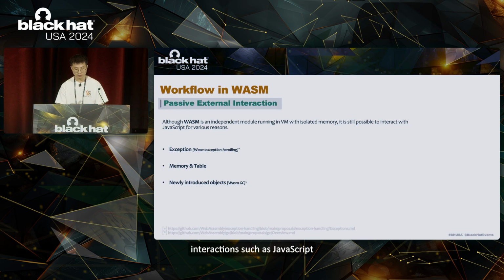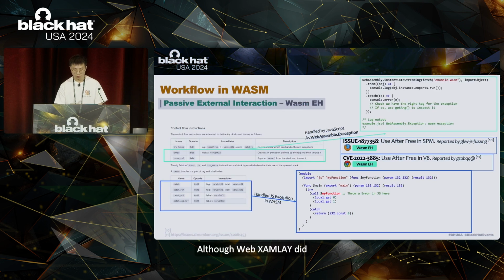Apart from active interactions such as JavaScript and WASM functions calling each other, there are also passive interactions. Proposals such as WASM exception handling weaken the isolation protection of WASM memory. Old WebAssembly did not have exception handling, so some exceptions that could have been caught would directly stop program execution.